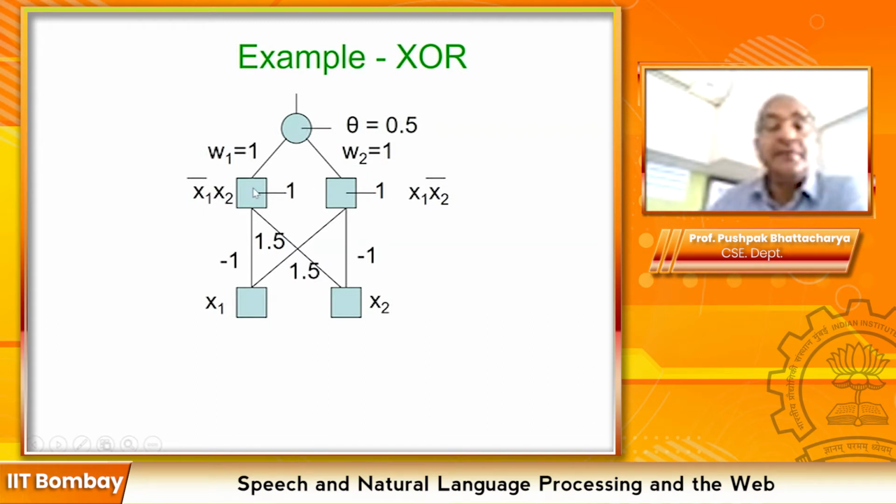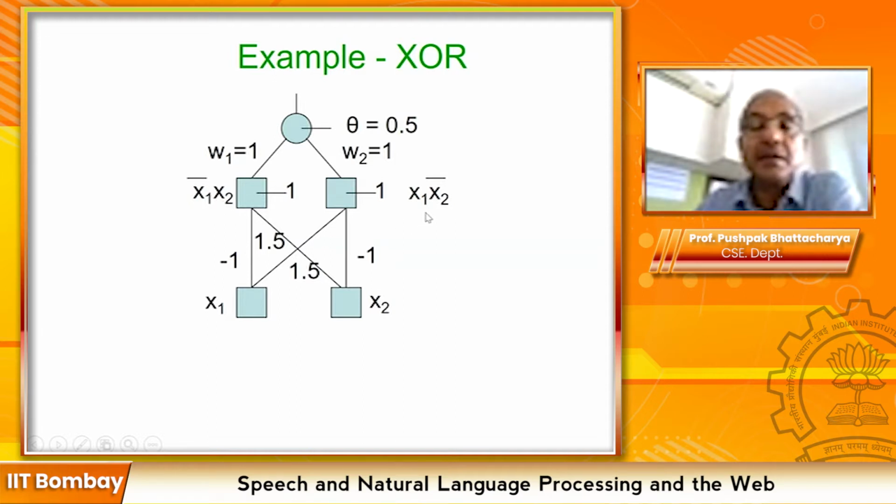So if I am able to compute x1 bar x2 and x1 x2 bar, both of which are again linearly separable, then the ORing of these two functions will give me XOR. The hidden layer neurons are actually computing these in a hidden manner. We do not get to see what they are computing, but this is what is happening.